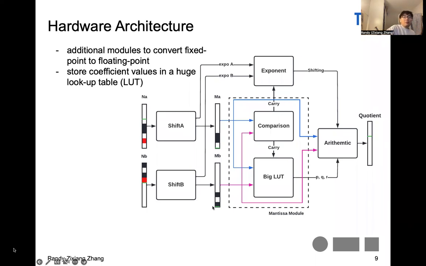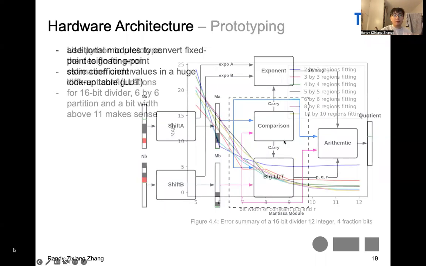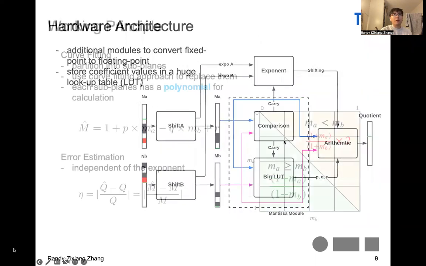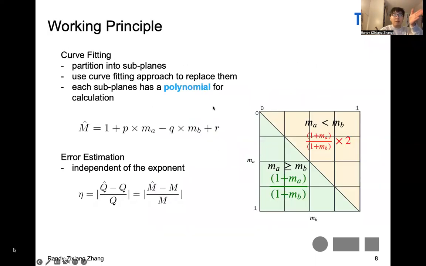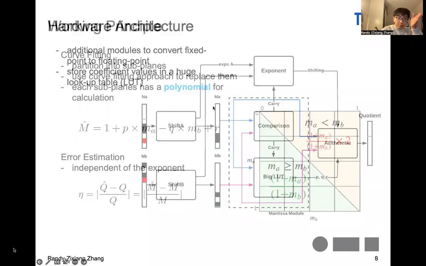And then through this big lookup table, which is a bunch of nested if statements in the implementation, we find the coefficients P, Q, R in this polynomial.